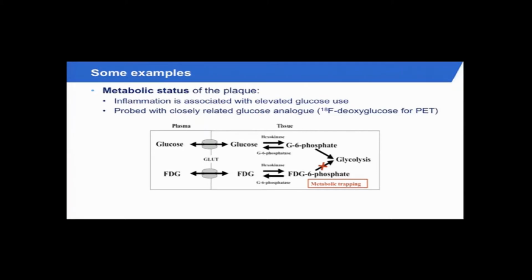Because it needs to be taken up into the cell through the glucose transporter, be converted by the enzyme hexokinase, and then be trapped in the intracellular compartment. Only if you have an agent that is so closely related to glucose that these processes are still possible can we really get a good signal of, in this particular case, metabolic glucose use.